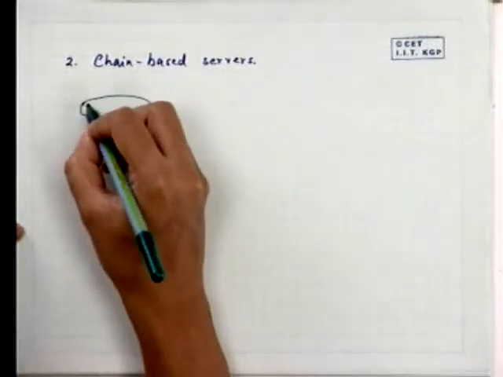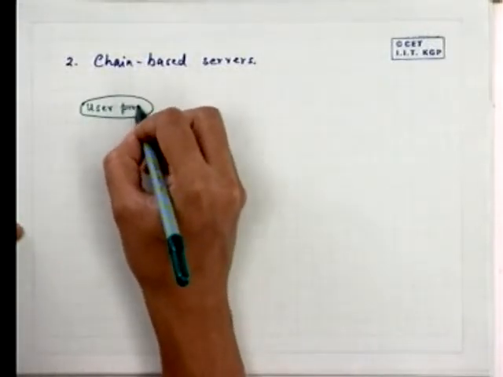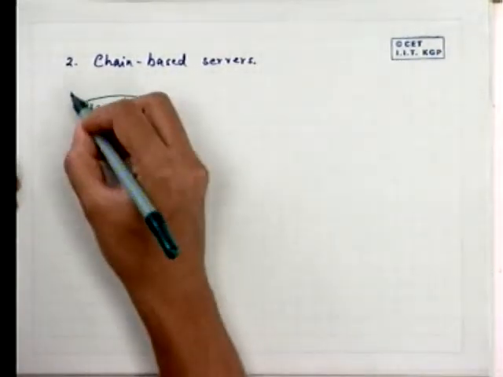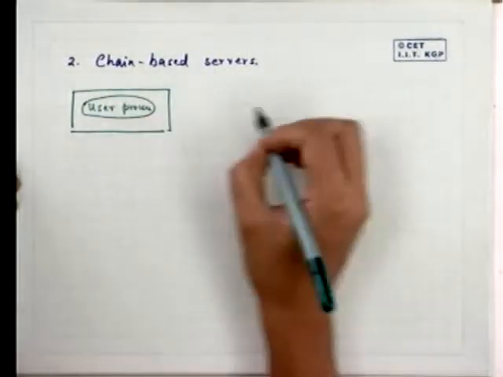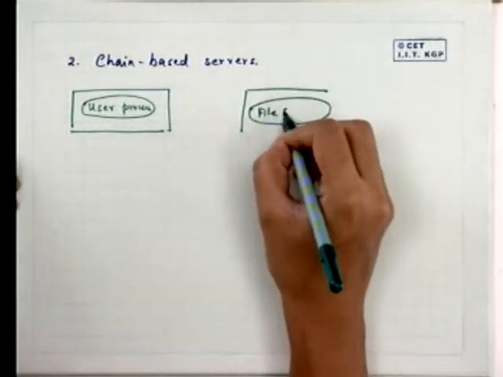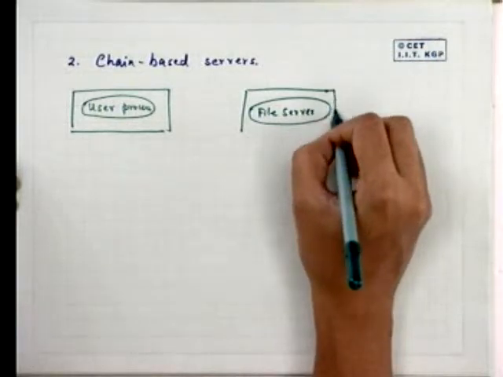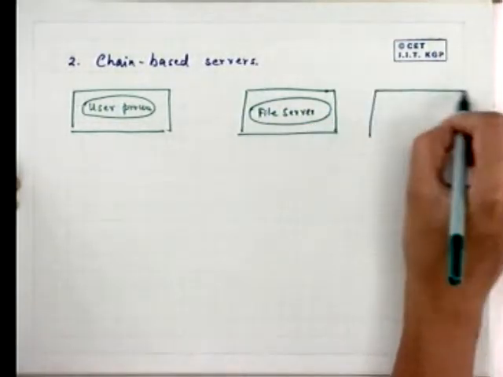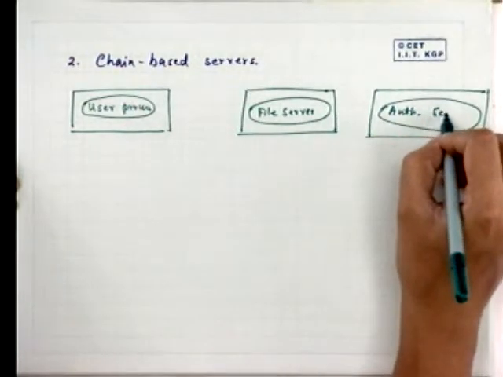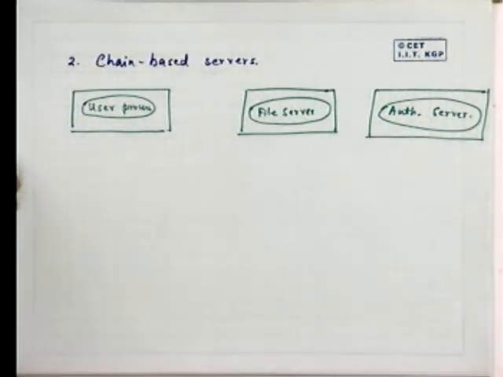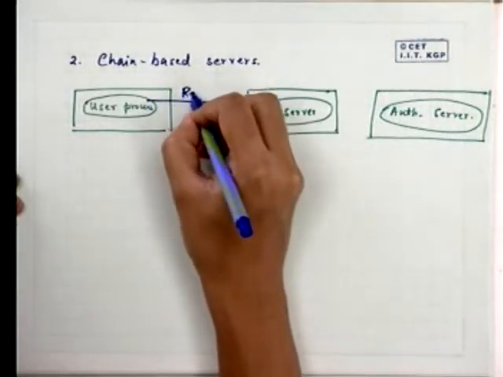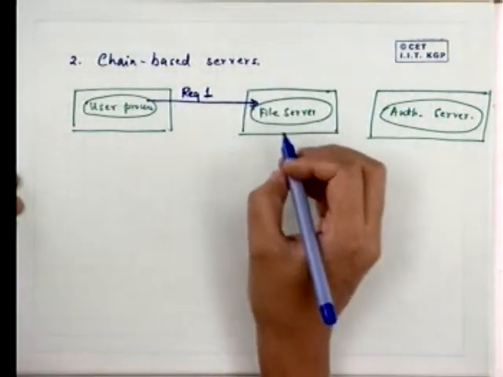So we have the user process here. Suppose we have two server computers. One is a file server, so this is a file server. And we have another, an authentication server. Now the client computer sends request 1 to the file server computer.